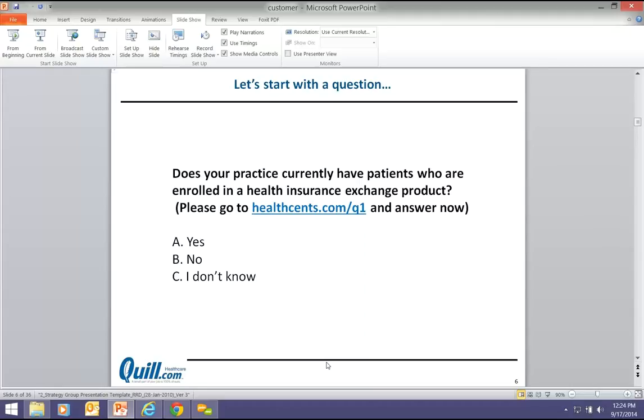And then 56% state that their perception is that the ACA is having an unfavorable rather than a favorable effect on their practice.